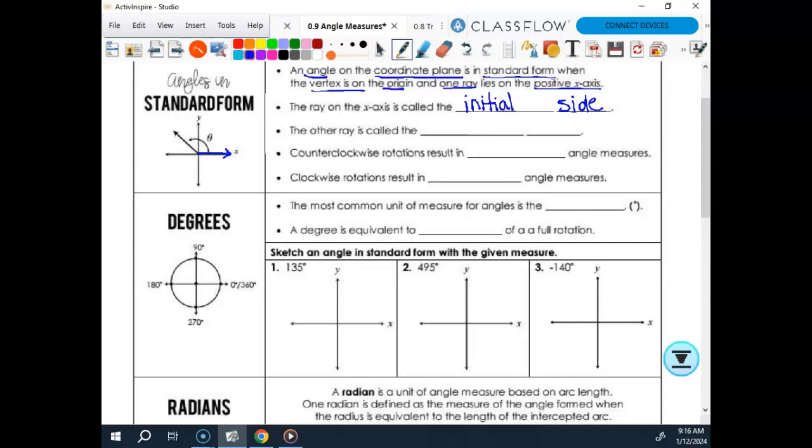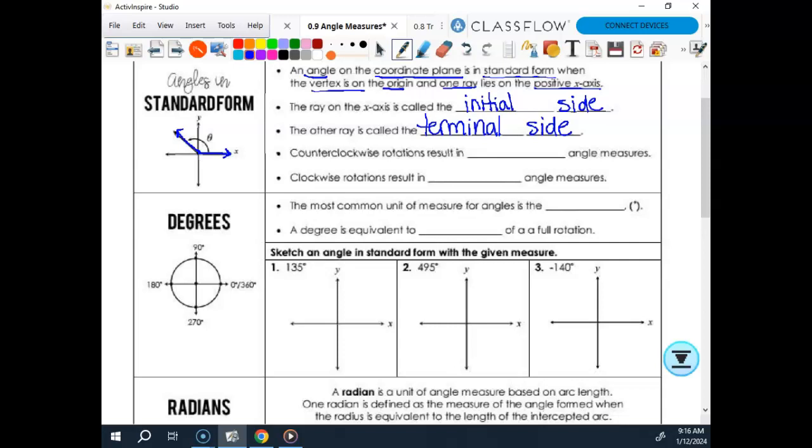This is my ray. We're starting here. My degrees of my angle are 0, right? So the other ray over here, the other side of the angle, that is called the terminal side. Ready? So I start here like this. I rotate like this, which makes this my initial side and this my terminal side.